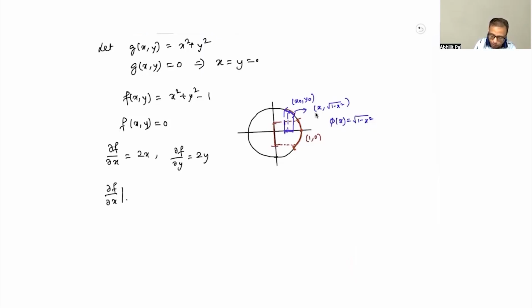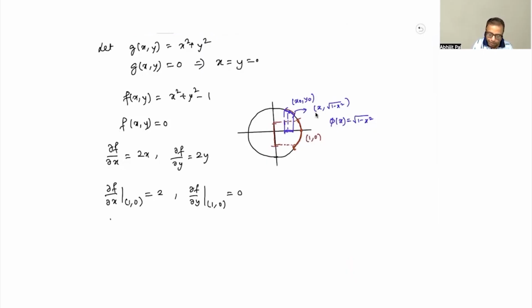At the point (1, 0), del f/del x is equal to 2, and del f/del y is equal to 0. So del f/del y vanishes at the point (1, 0).